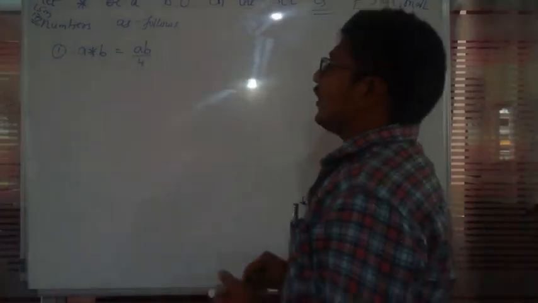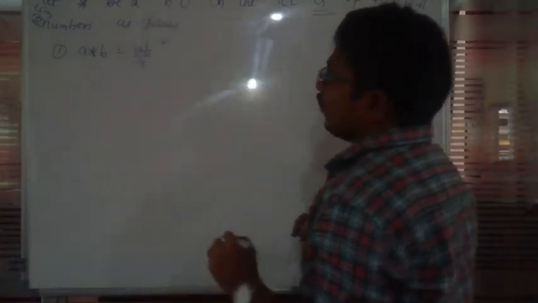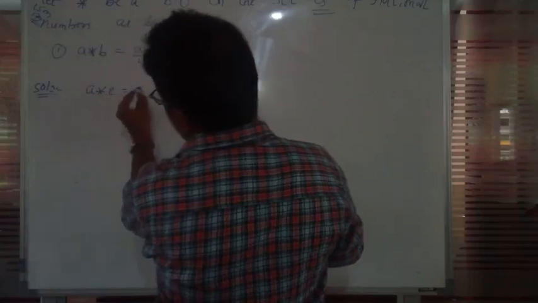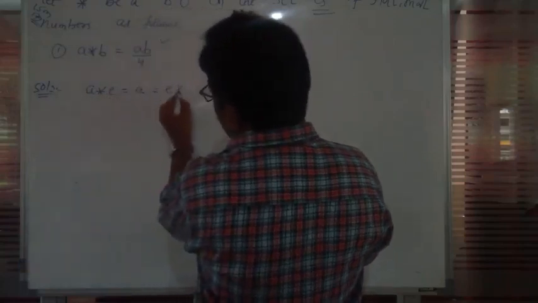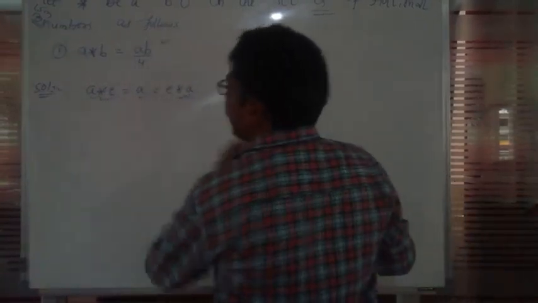Now A star B is equal to AB by 4. So what does the identity element tell us? A star E is equal to A. It means that when we do A star E, what should come?